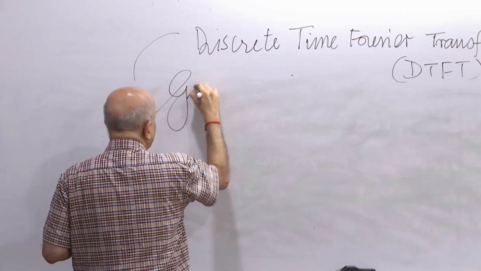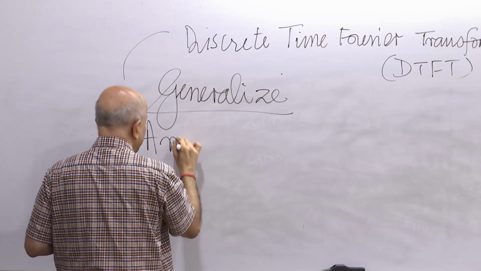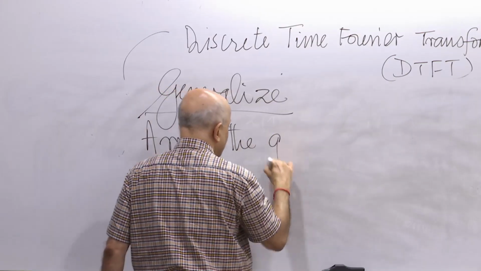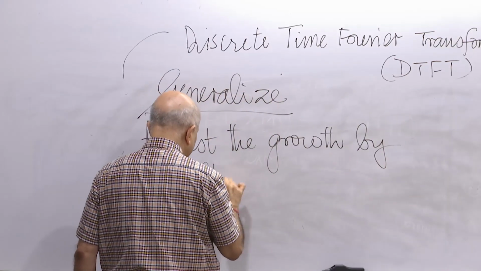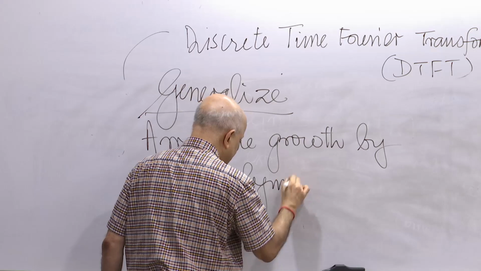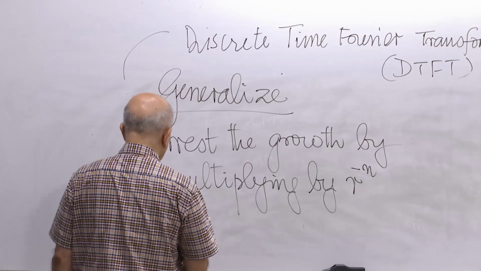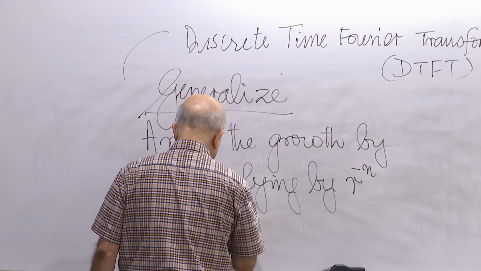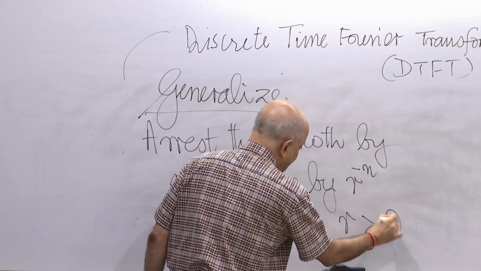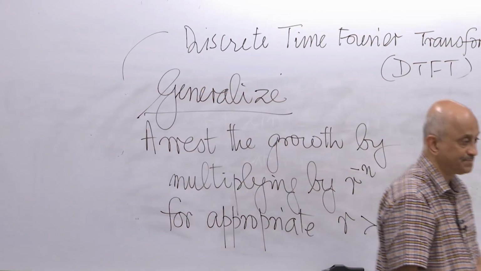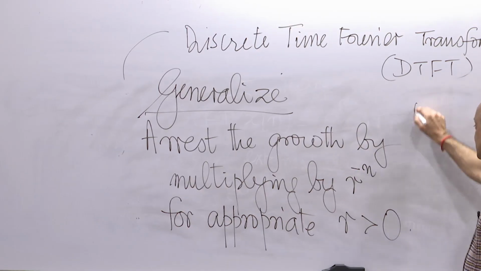So, to generalize, we first arrest the growth by multiplying by r to the power minus n, for appropriate r greater than 0. And then take the DTFT.